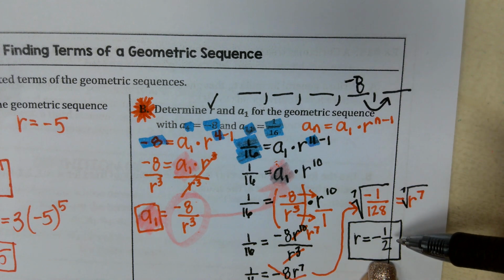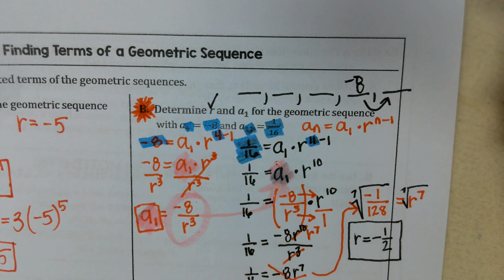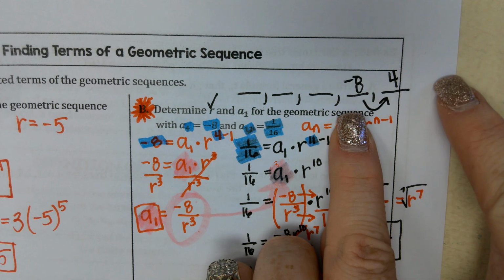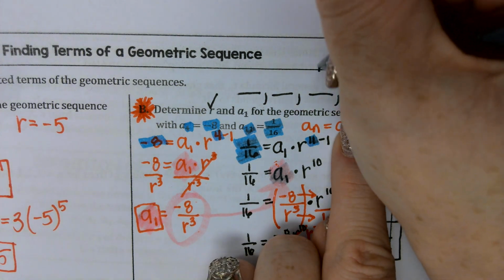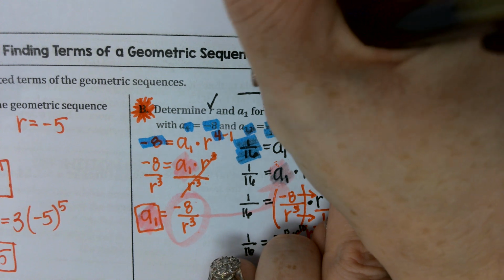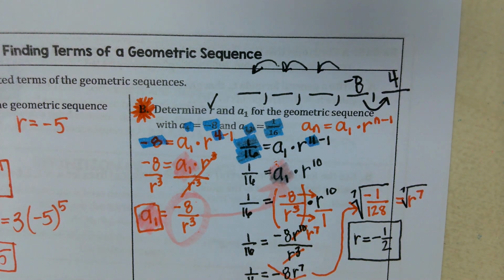So if I multiply negative 8 times negative 1/2, first of all, what's a negative times a negative? Positive. And what's half of 8? 4. So my numbers are getting smaller the further I go. But I need to go backwards so I can find my first term.